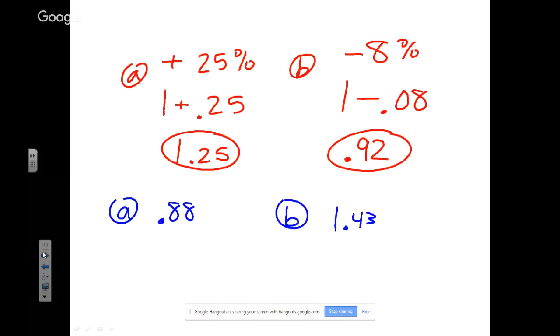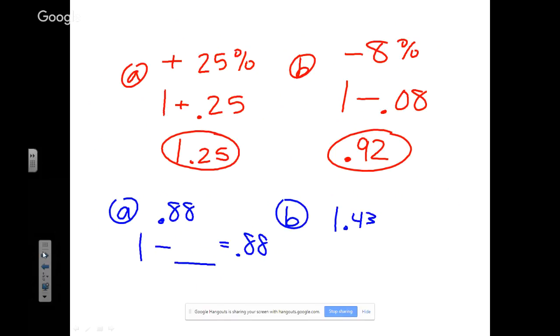Down here, they're asking you to go backwards. So what does this mean? That I subtracted something, right? I subtracted something. So it was 1 minus something that gave me this 0.88. Not 0.22.